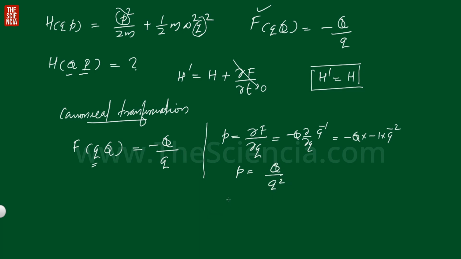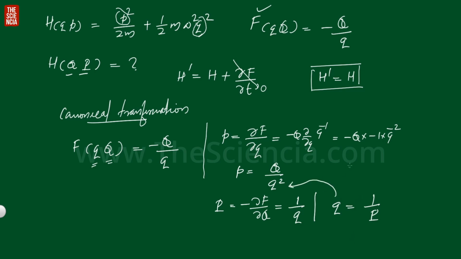And the other canonical transformation equation is, see, the missing coordinate is capital P, and it is equal to minus dou f by dou Q, that is equal to q by Q square. So from this equation we get small q is equal to Q square P. Now we can substitute this small q value here.